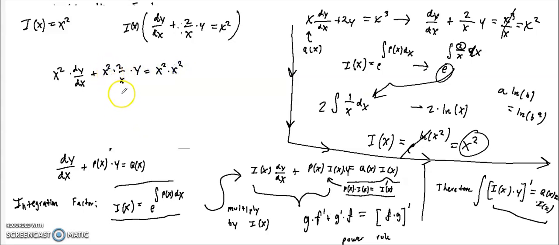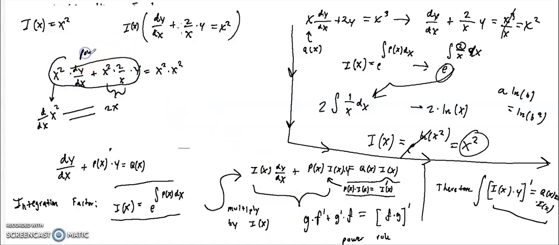And what I want to point out is that this simplifies to 2x. And well, d dx of x squared right here equals 2x. So we can confirm that this right here is in the form of the power rule, where the power rule is g times f prime plus g prime times f, and that equals the derivative of f times g. So we're going to plug that back in.